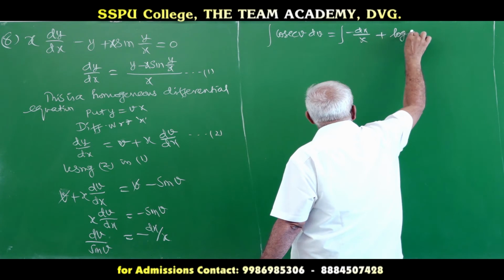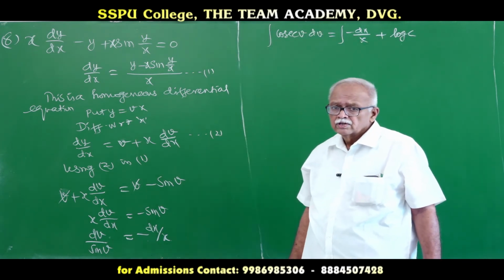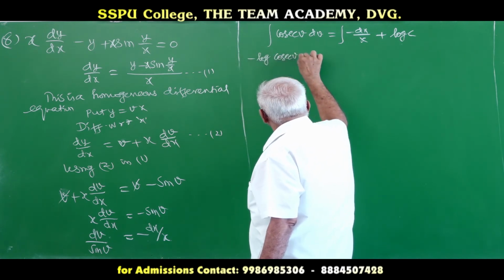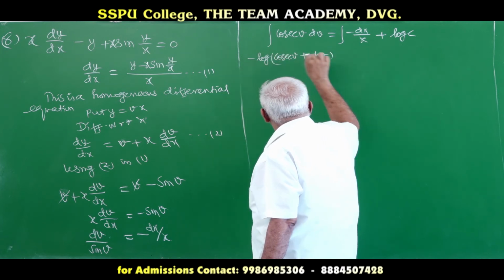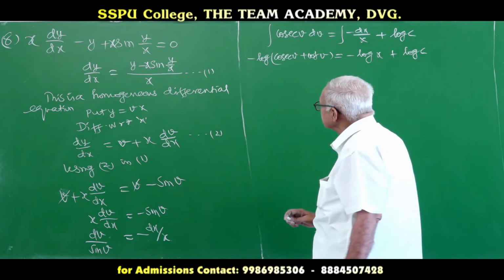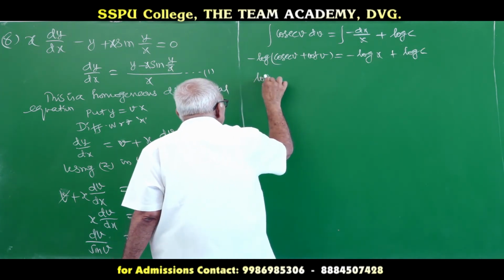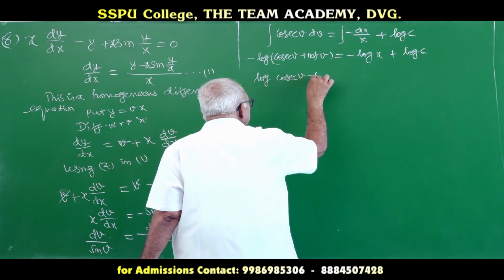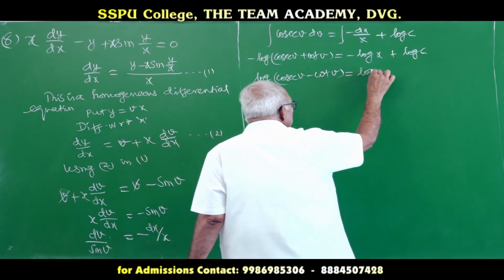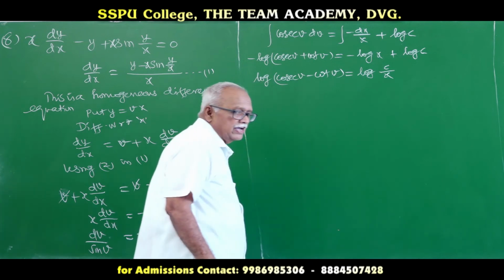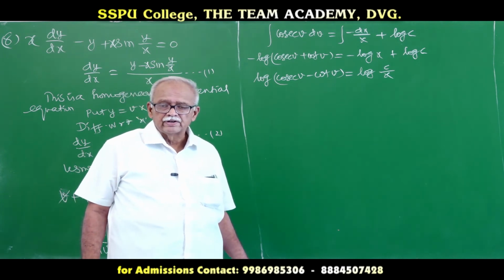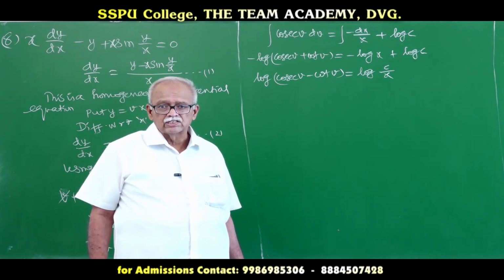You can take this as log c. What is the integration of cosecant v? Minus log cosecant v plus cot v. This is minus log x plus log c. So this can be written as log of cosecant v minus cot v is equal to log c by x. So how I can write this? Cosecant v plus cot v in trigonometry is 1 by cosecant v minus cot v.